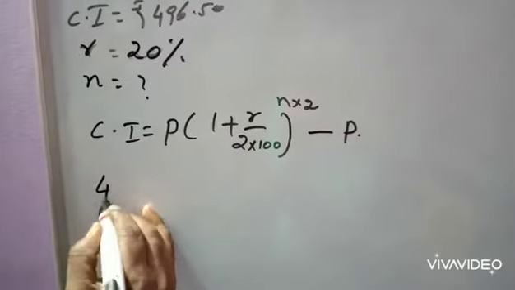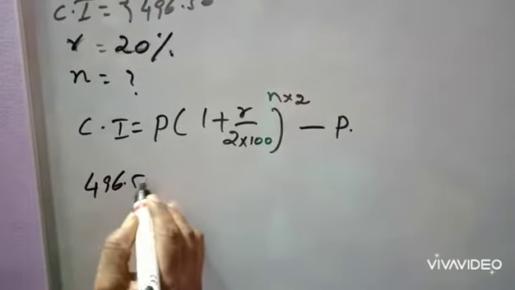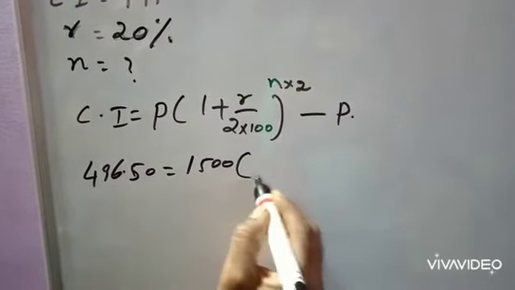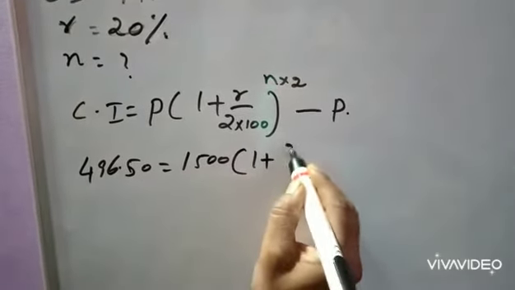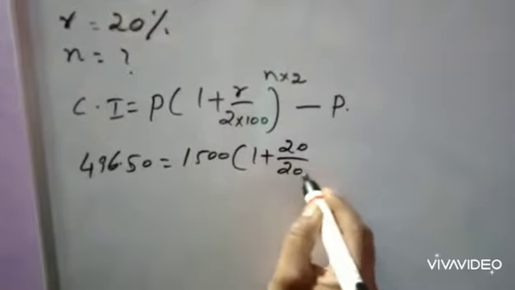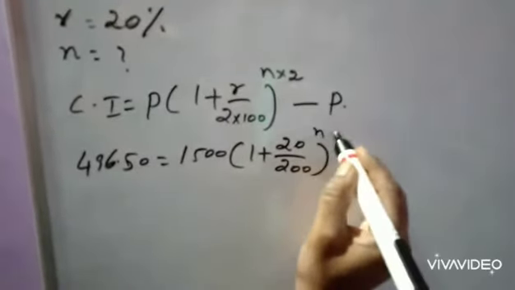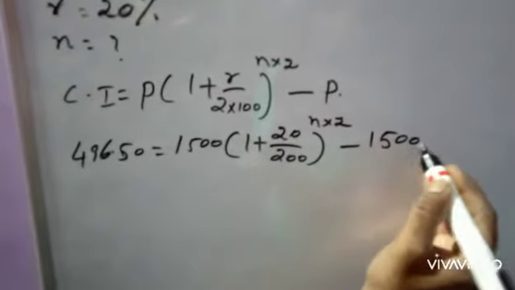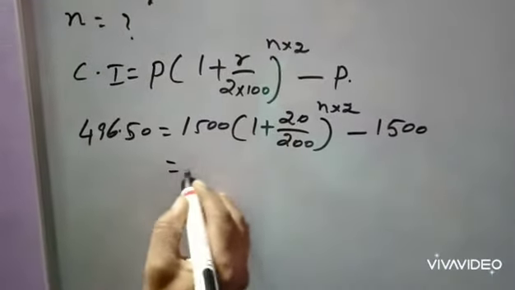So 496.50 equal to 1500 principal into (1 plus R 20 by 200) power n into 2, minus 1500. So we can take 1500 one side.